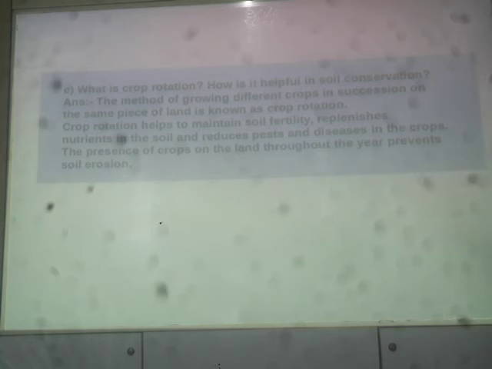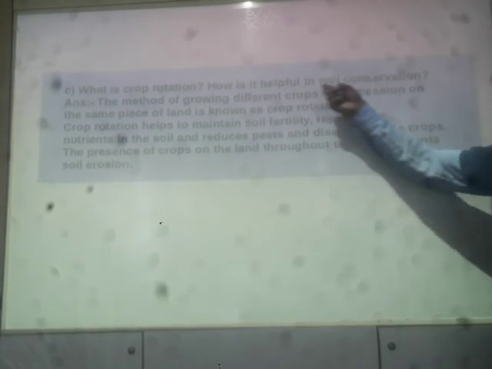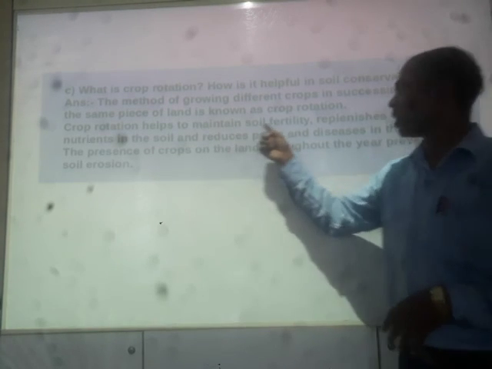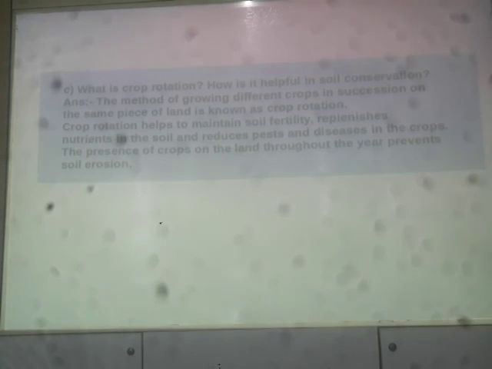This is the answer to the second question: how is crop rotation helpful in soil conservation? Crop rotation helps to maintain the soil fertility and replenishes nutrients in the soil.